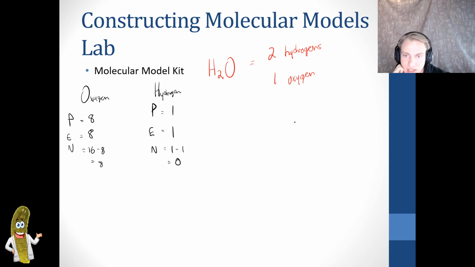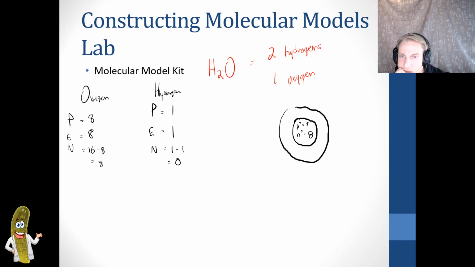So when I'm drawing these, I would want to draw oxygen first here. And I'm going to do something different. I'm going to put P+ equal to 8, and N0 equal to also 8.